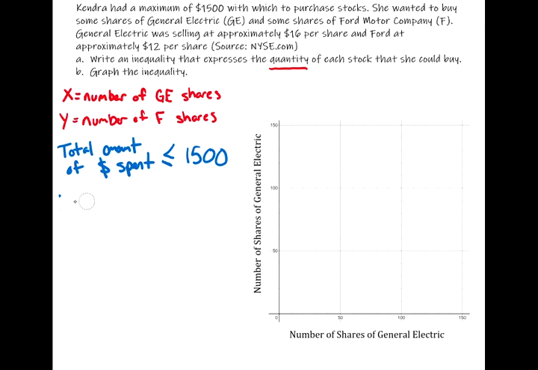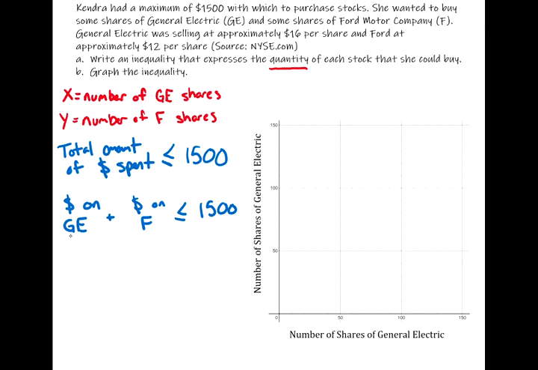So let's go one step before this in words. The money on GE plus the money on Ford should be less than or equal to $1,500.